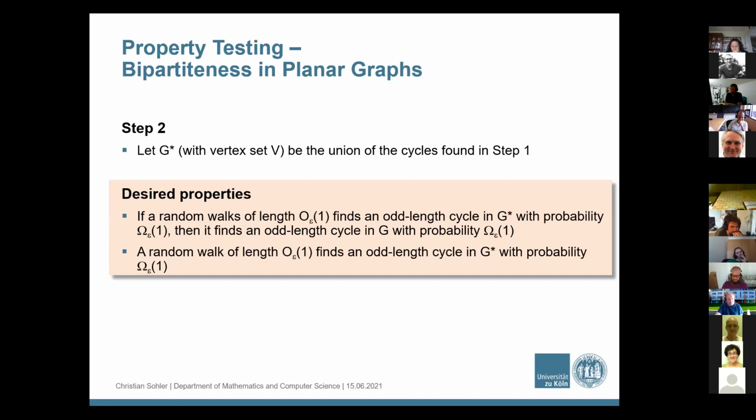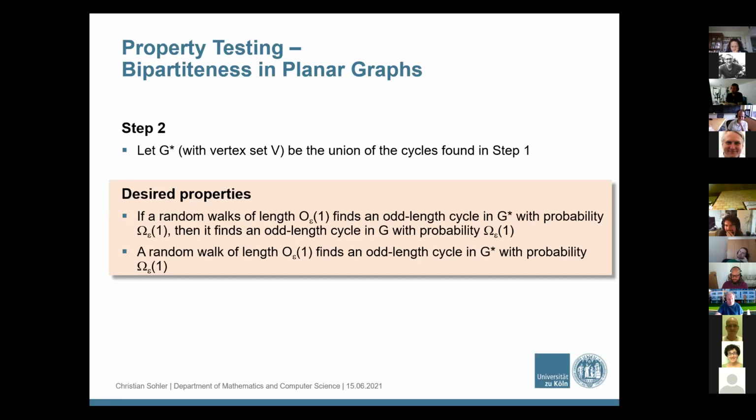And then we also want to have the property that a random walk of constant length finds an odd length cycle in G star with constant probability. And the two things together imply that a random walk of constant length finds an odd length cycle in G with constant probability. And we can just improve the probability by repeating this process.